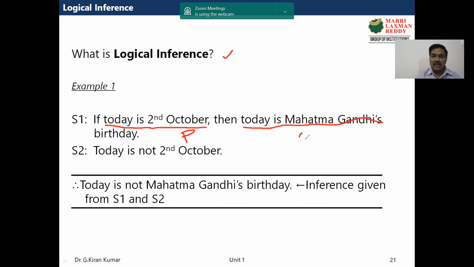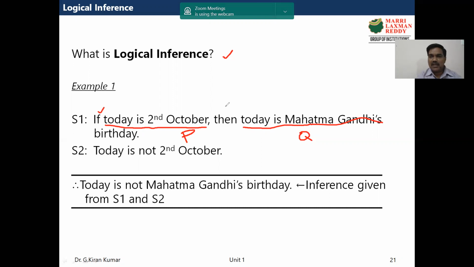I am taking this proposition as Q. And what is the connective involved here? If you see, we have if-then.